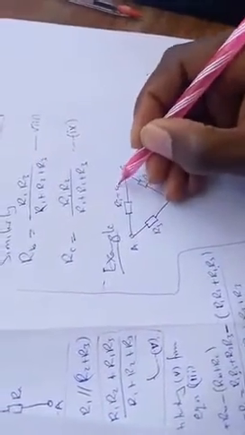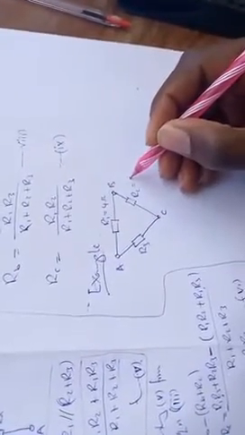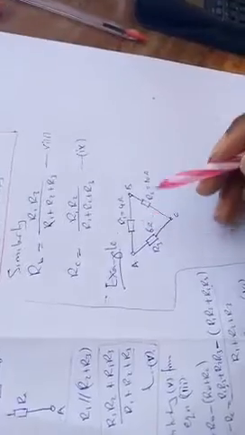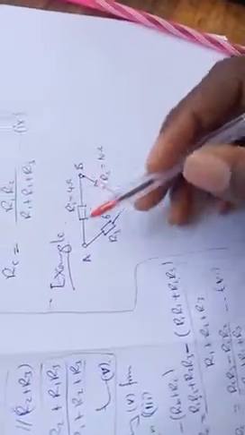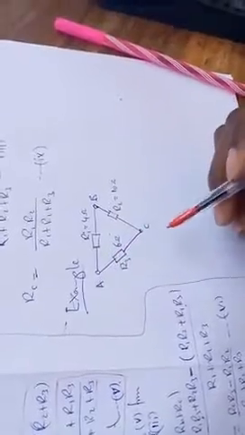This is 4 ohms, this is 10 ohms, then this is 6 ohms. We're supposed to convert this to a star. That's the question.